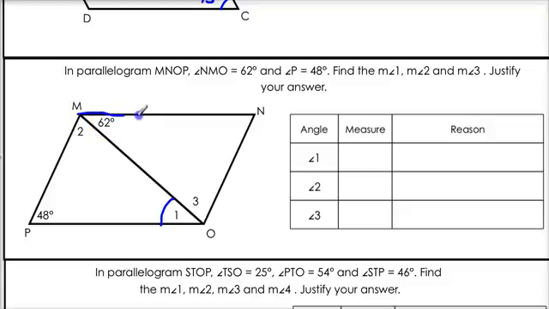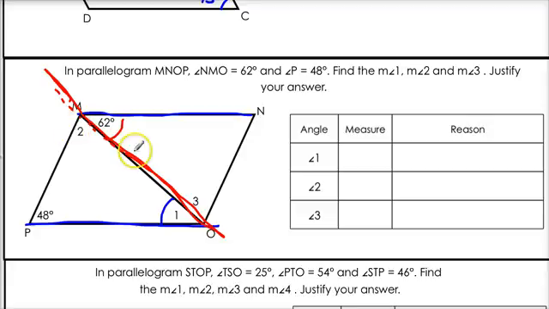We know that MN is parallel to PO, right? And then we know that MO is our transversal. This is a transversal of our two lines.